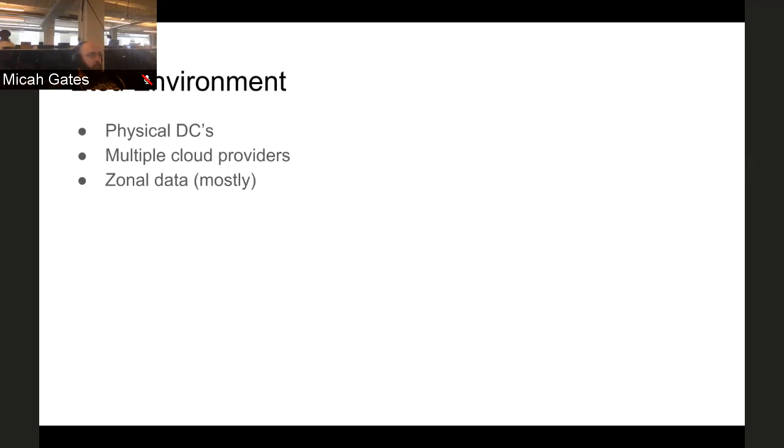So for example, for service discovery for one service, we currently just need to be able to locate other instances in the same zone. Our runtime configuration variables are scoped by zone. And so far, we haven't had to do any cross-zone leader elections or similar. That's been the case so far, but we'll touch on that later.